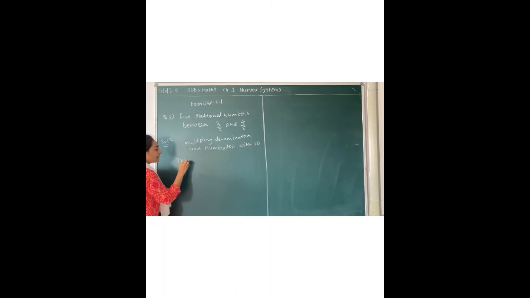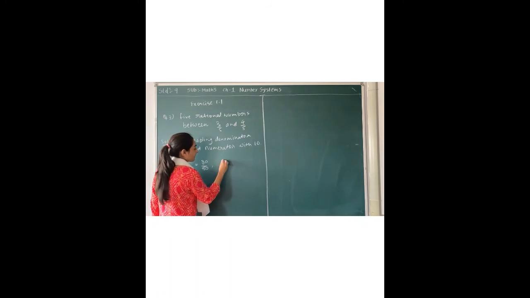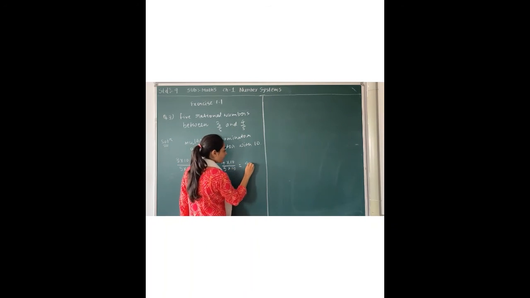So 3 multiplied by 10 and 5 multiplied by 10, the number I get is 30 by 50. I am doing nothing but making equivalent fractions. 4 by 5, simply multiplying with 10, I get 40 divided by 50. So now we have 30 and 40.